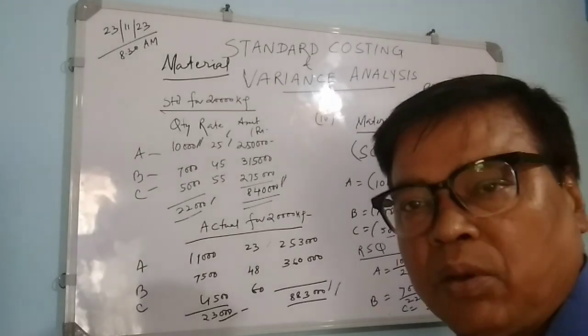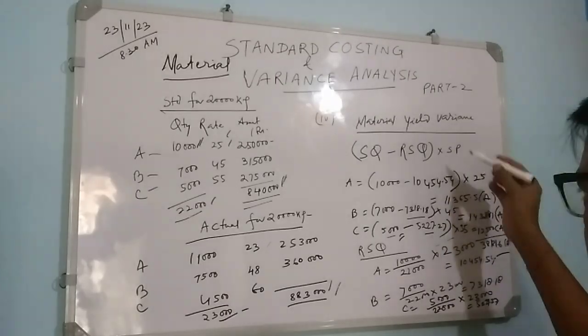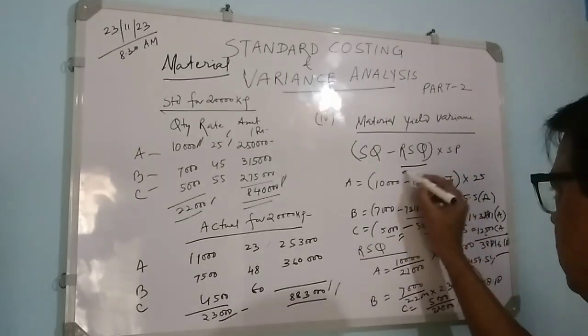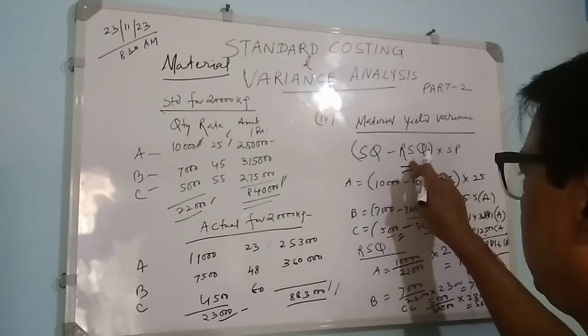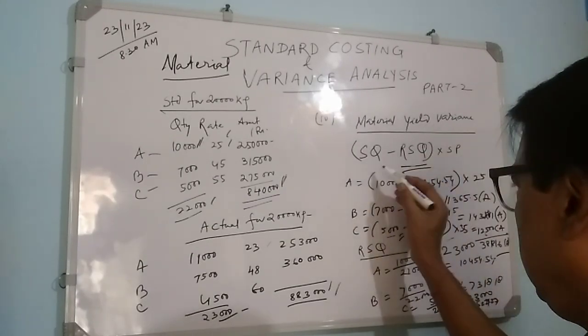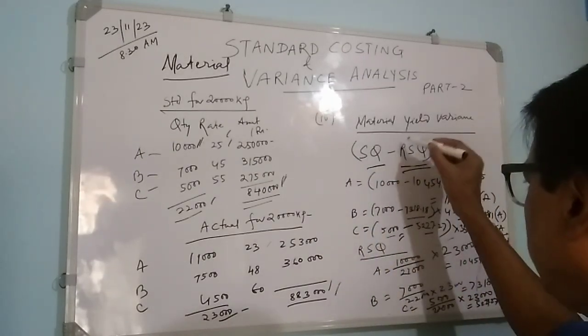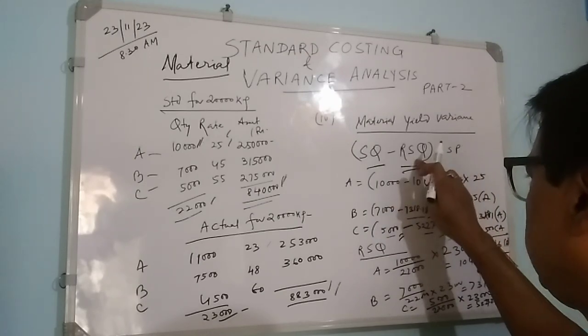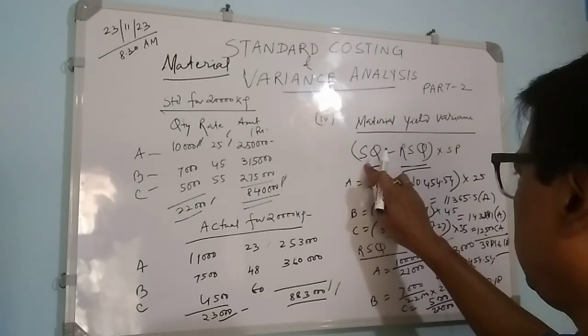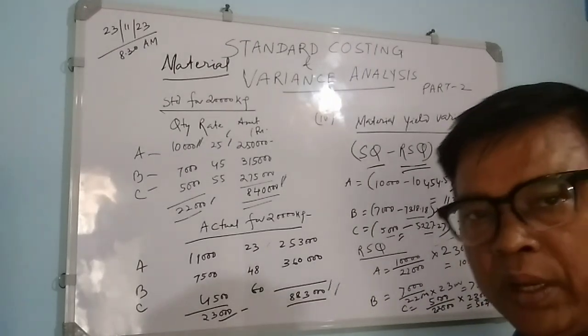You just have to memorize all these formulas and calculate. When you calculate, you have to be very careful about the revised standard quantity. Why revised standard quantity versus standard quantity, sir? When you compute the variance, if the revised standard quantity is higher than the standard quantity, then definitely that figure will come out adverse.